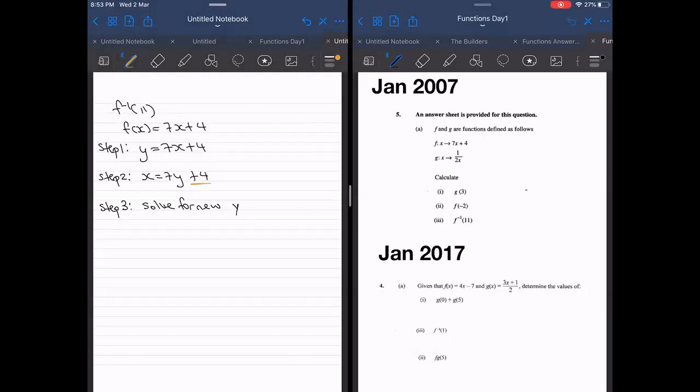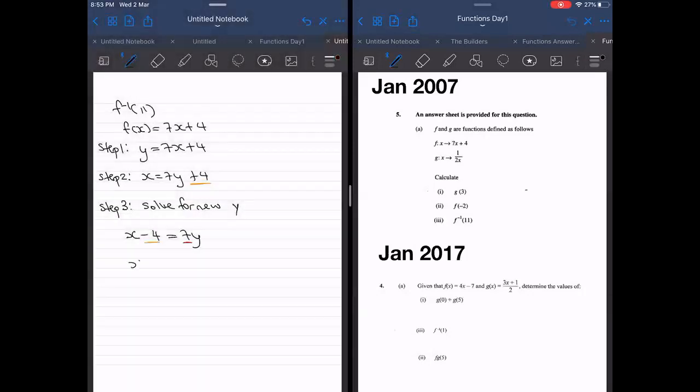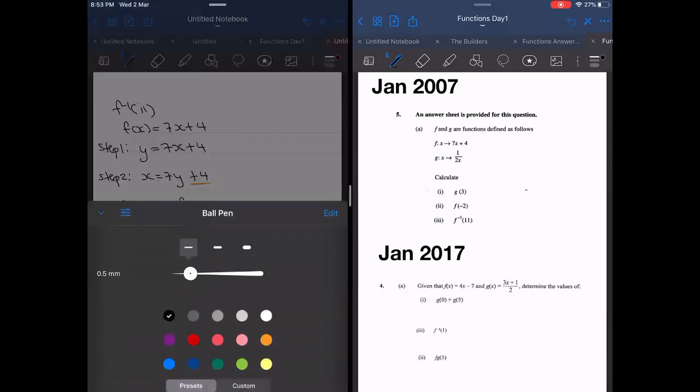All right, so this plus 4, when I take it across, is going to be subtracted. And then the 7, which is multiplied, when we take it across, we have to divide.